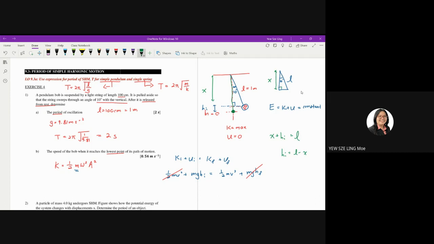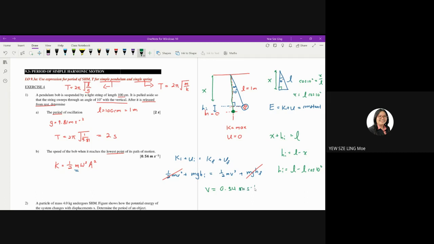This one is the hypotenuse, so cos 10 degrees is equal to X over L. So X is equal to L cos 10 degrees, and h initial is then equal to L minus L cos 10 degrees.